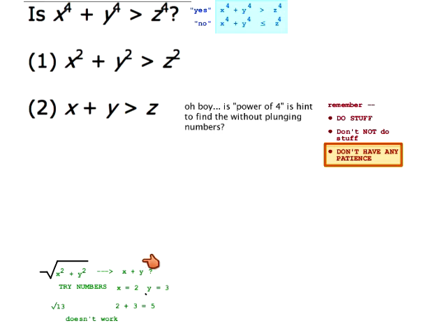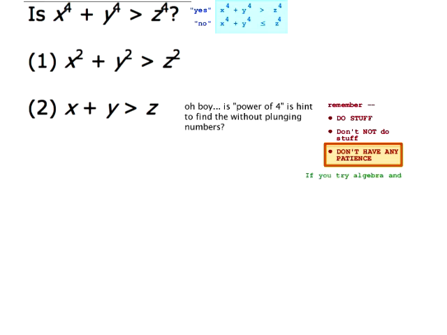If it doesn't work for square roots, it's definitely not going to work for fourth roots either, because it's the same deal. So do stuff, don't not do stuff. The point here is that if you try algebra, it doesn't go anywhere.